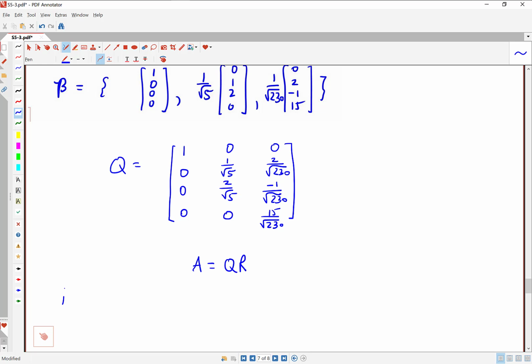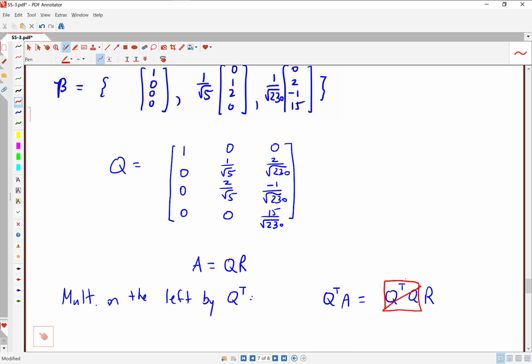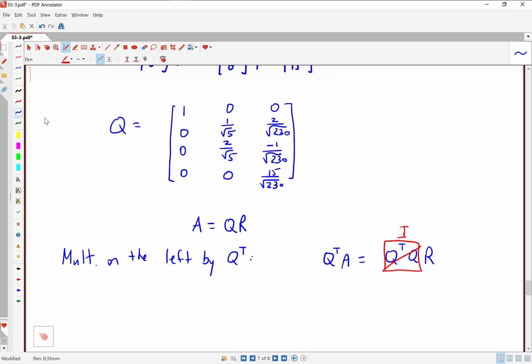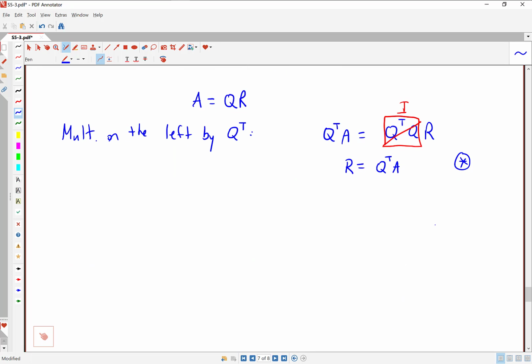So if we were to multiply both sides on the left by Q transpose, we would have Q transpose A, and we would have Q transpose Q times R. Now remember, with orthogonal matrices, Q transpose times Q is equal to the identity matrix. That's just a property of orthogonal matrices. So if you want R, take Q transpose times A. Just one matrix multiplication to figure out R.